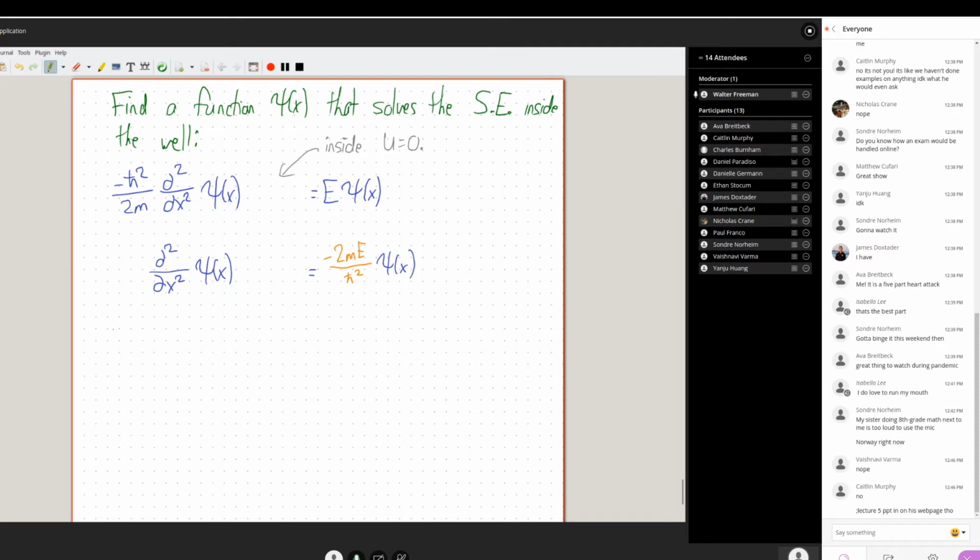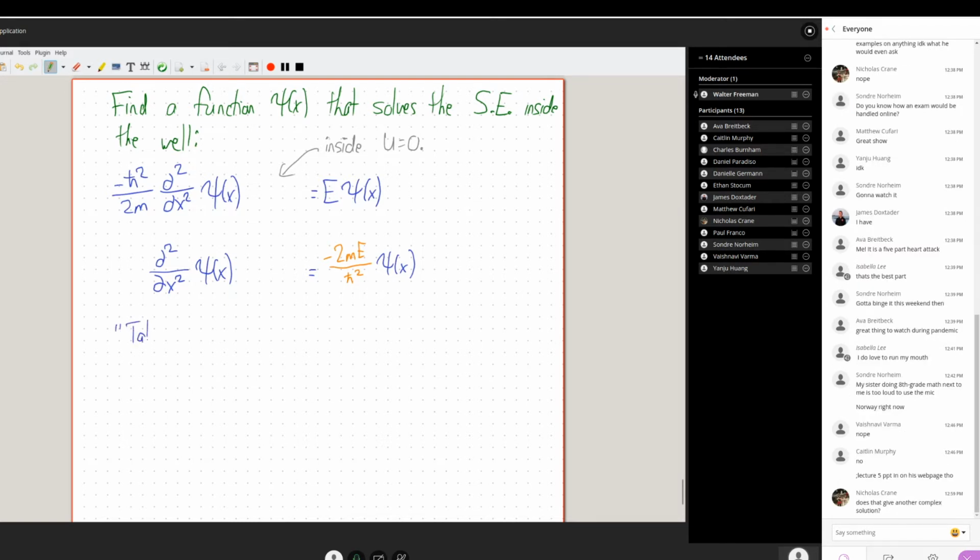We're now in a situation where taking the second derivative of psi gives me psi back, multiplied by that term, minus 2me over h bar squared.